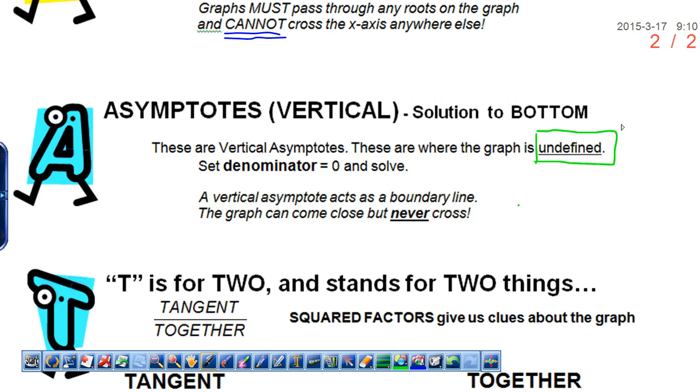So these are where the graph is undefined because the denominator can never equal 0, right? Because we can never divide by 0. So to find our vertical asymptotes, you are always going to set your denominator equal to 0. To find vertical asymptotes, you're going to set your denominator equal to 0.